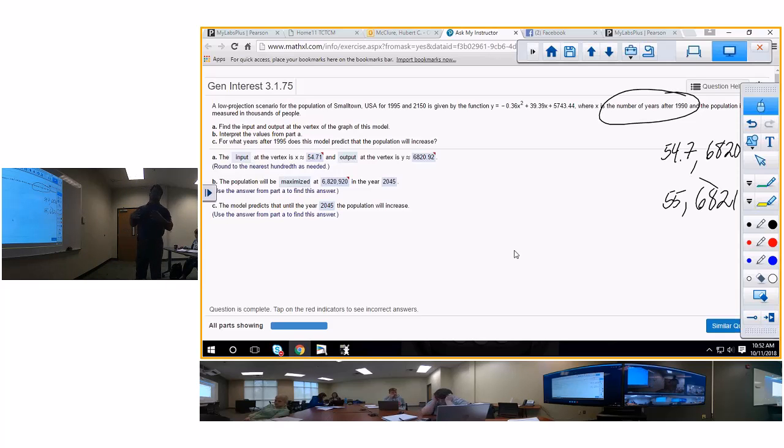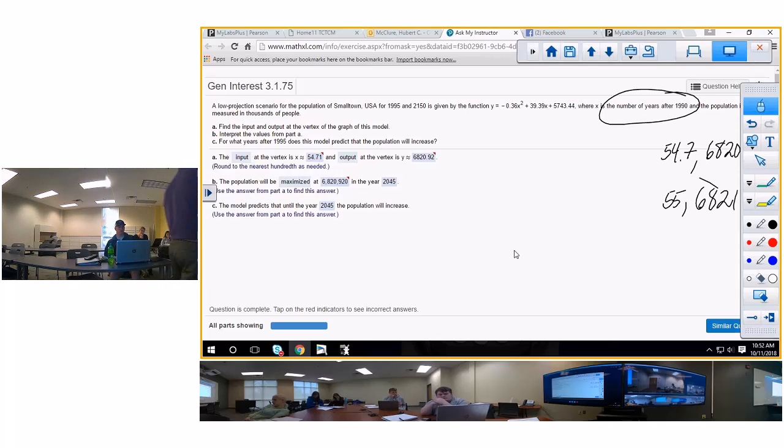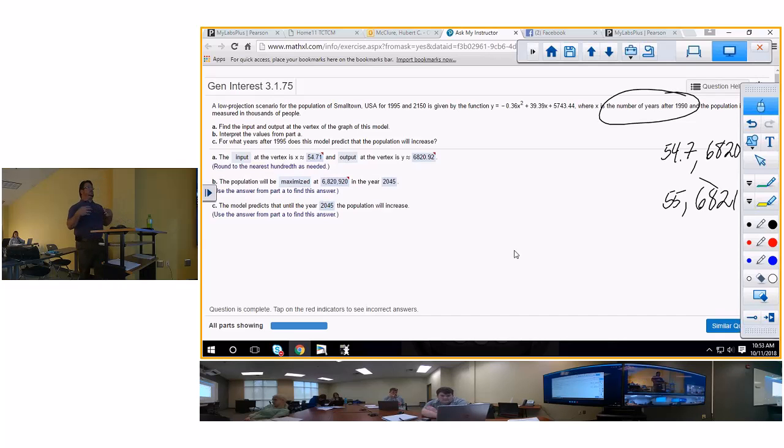If I give you 10 questions, 8 of them will be by hand completing the square, showing me the vertex, showing me the graphs, showing me all that good stuff. Everybody with me? Yep. So we did one question today that was pretty much by hand. The rest of them will be one or two.